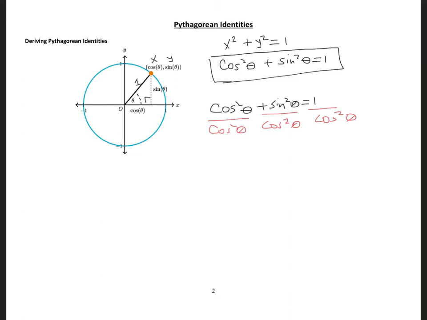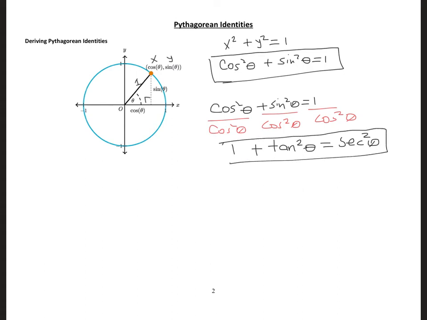I get 1 plus sine over cosine is the same as tan, so this is tan squared theta. 1 over cosine is the same as secant squared theta. And that gives me another identity.